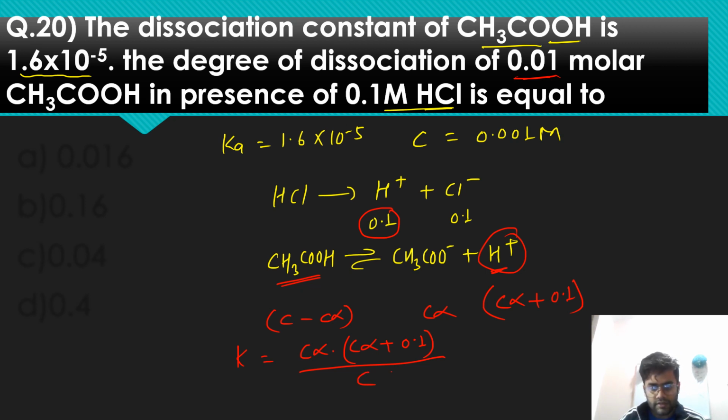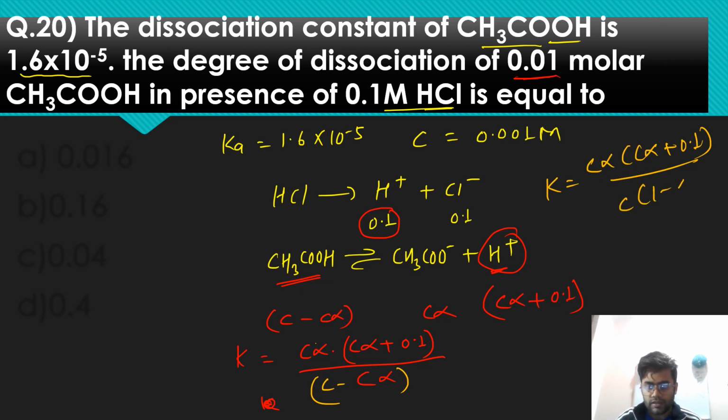We know the value of C. Taking C common, we get C alpha into C alpha plus 0.1 divided by C into 1 minus alpha. Then we can cancel C and C.